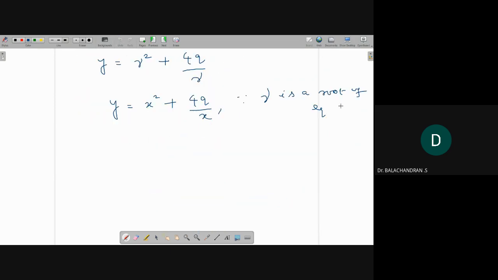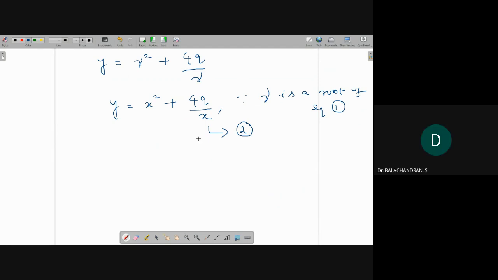So now this is the relation. In the previous case, what was the relation? y is equal to 1 plus x by 1 minus x. Like this, now I have the relation.